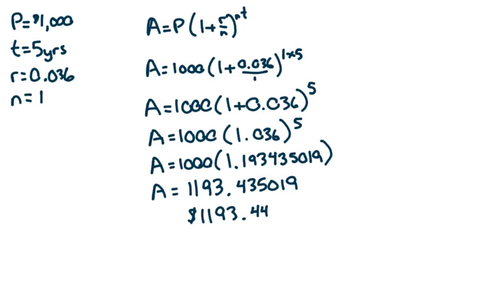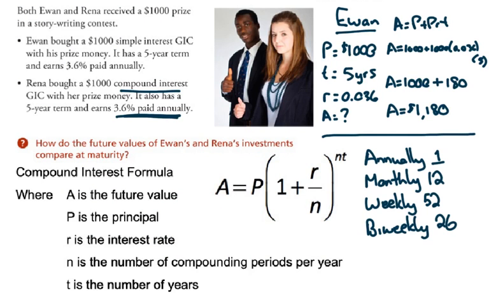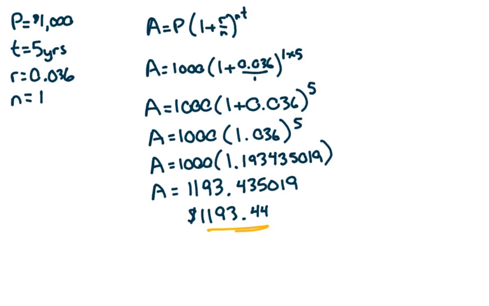So you can see here there is a difference between Ewan's 1,180 that he earned in simple interest versus Rena's 1,193 and 44 cents that she earned with compound interest. Because as she earned interest, it might have been just a little bit at a time, but that little bit of interest earned its own interest, and it compounded and it built on each other, and it gave her an extra $13.44 here.